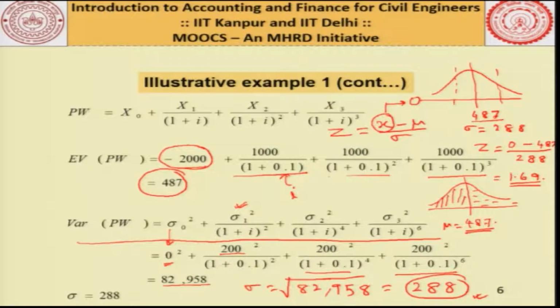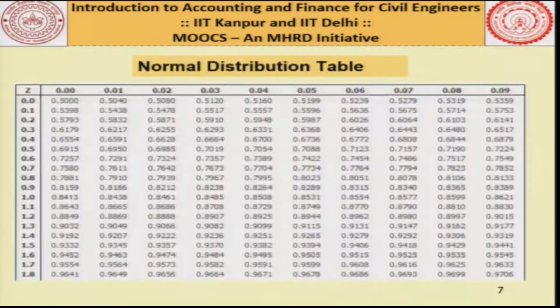Now, all of you are familiar with normal distribution table. The table is very much like this. There are two types of table rather. In this table, if you look these values carefully, the values are given from minus infinity onwards. So, that is why if you find the value of Z is equal to 0, it is coming to be 0.5.